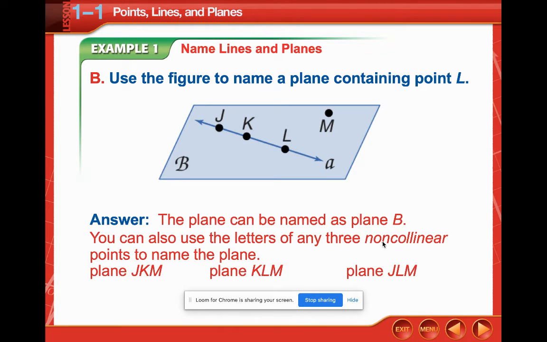Okay, so collinear means together on the same line. So J, K, L are all on the same line. They are collinear. All right, J, M, L are not collinear because M isn't on the same line as them. You know what I mean? Like, you can't draw a straight line that connects J, L, and M all together. Therefore, they're non-collinear.